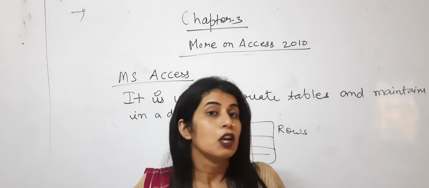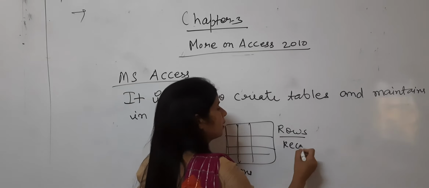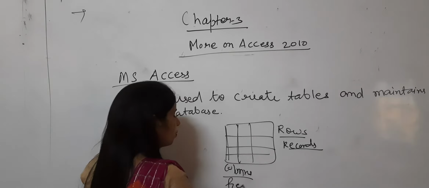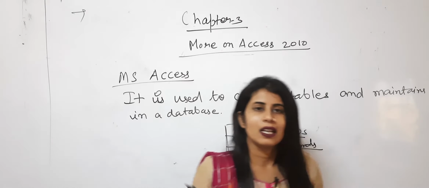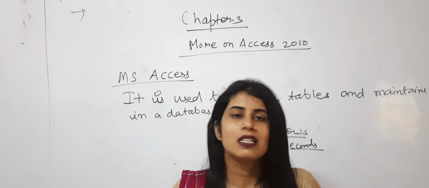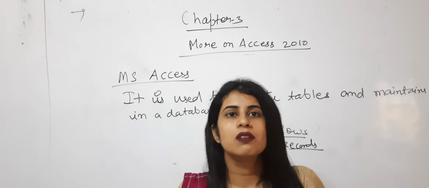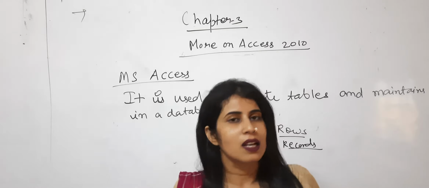We know that rows are known as records and columns are known as fields. So to access the data from multiple fields and multiple records, we spend time. We have to give time to access the data.